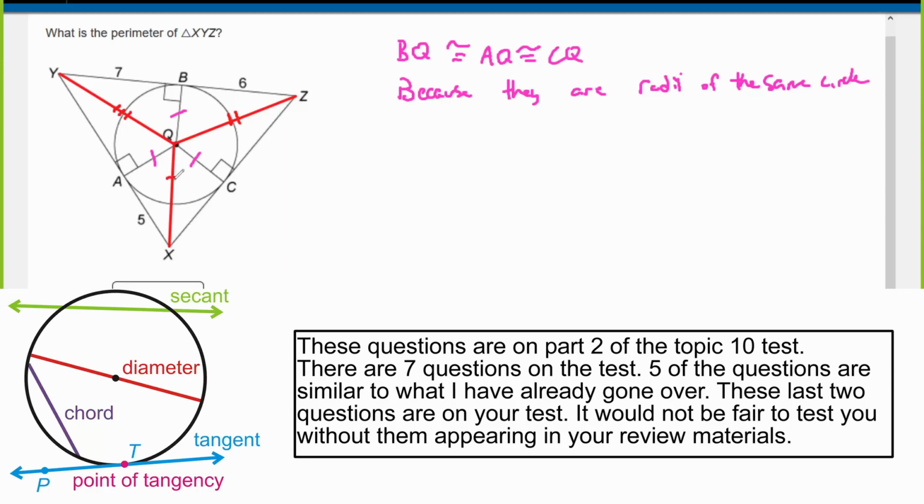Now I know I'm just writing congruency marks and they're not actually showing, but what I'm saying is here I have A, here I have Q, here I have X, and here I've marked that 4 times.